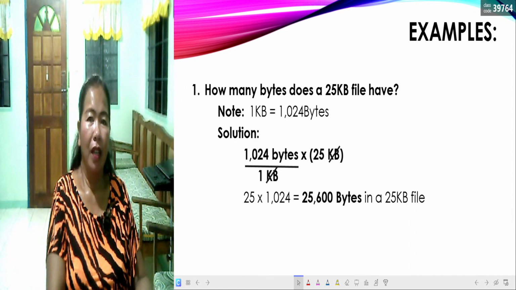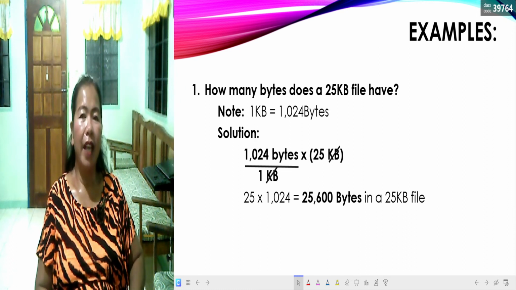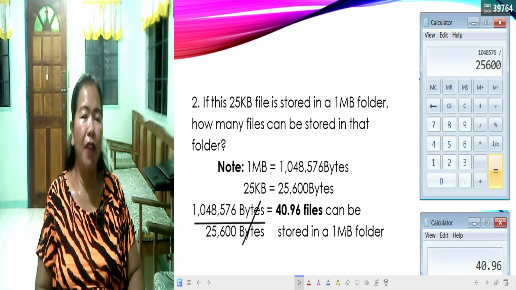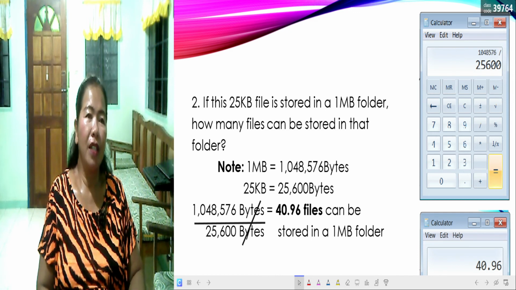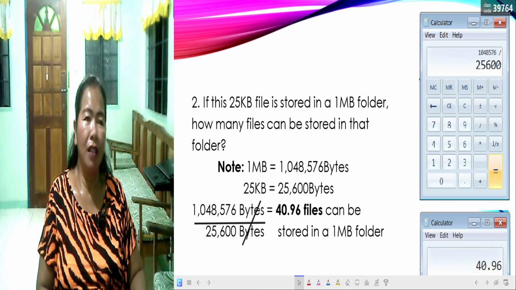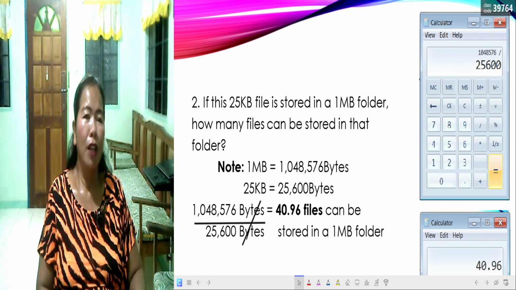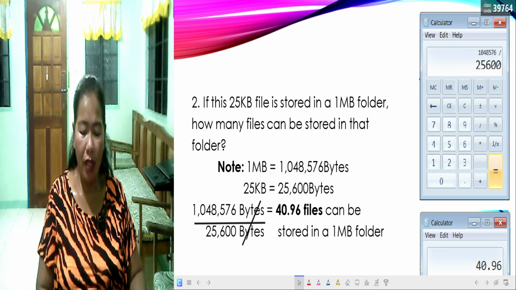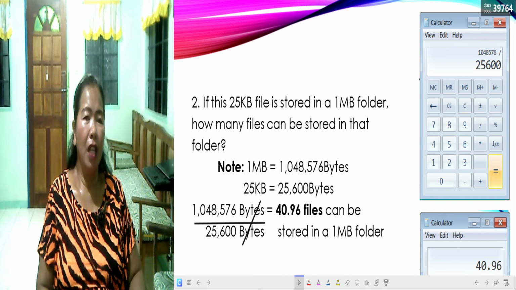Okay, so second example, if this 25 kilobyte file is stored in a 1 MB folder, so the previous example is 25 kilobyte, and that is equivalent to 25,600 bytes. In the previous example, it is equivalent to 25,600 bytes.